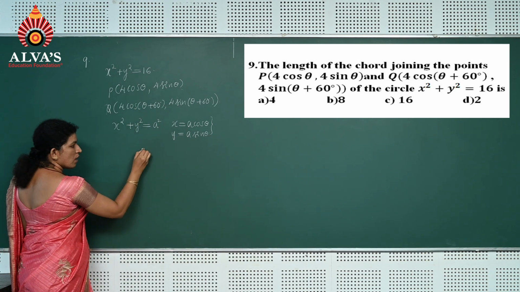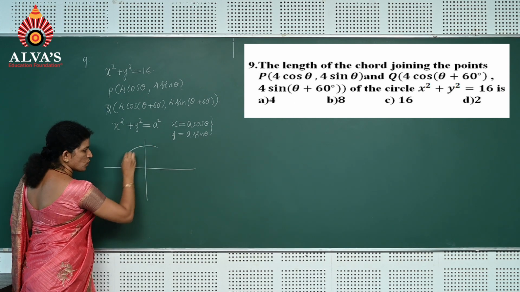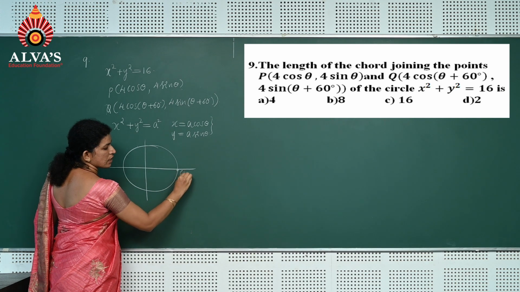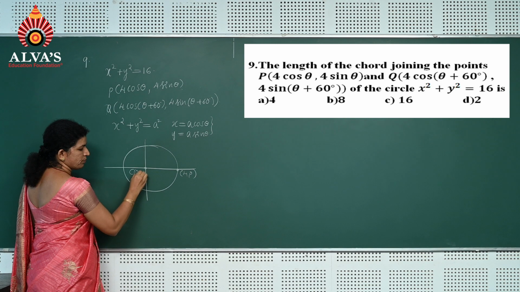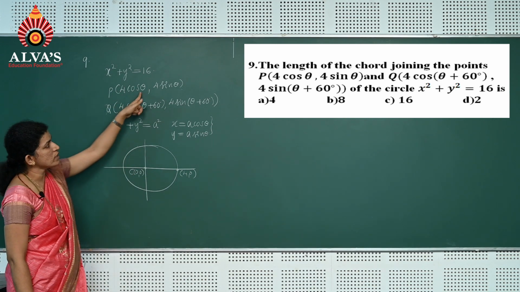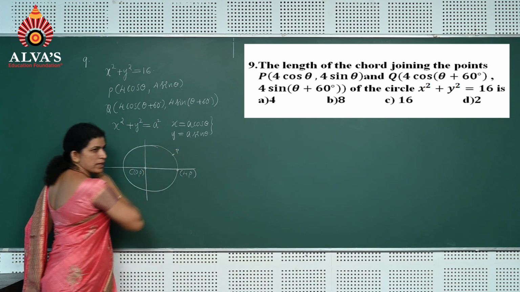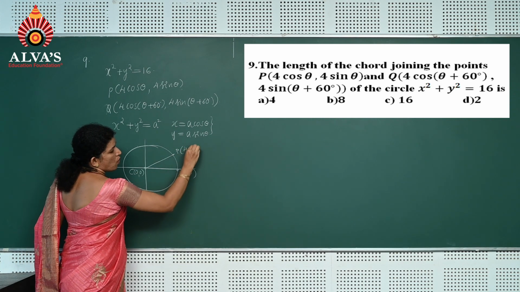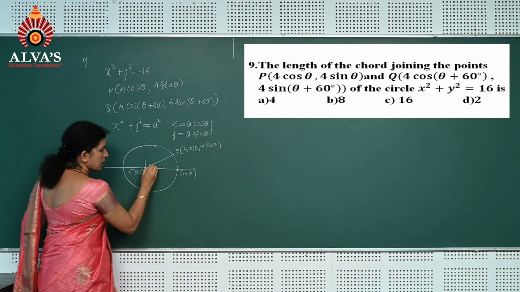Our circle is x square plus y square equal to 16, which means the radius of the circle is 4, and the center is at the origin (0, 0). One of the points is P of (4 cos theta, 4 sin theta). Take this point as P. This point is nothing but (4 cos theta, 4 sin theta), where theta is this angle.